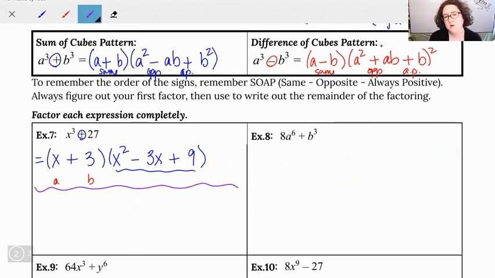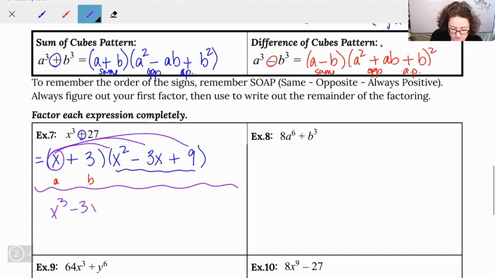So if I check this out, I'm going to want to take each term from my first set of parentheses and distribute it over everything else. So I'm going to take my x and distribute it over all 3 terms. So that would give me an x cubed minus 3x squared plus 9x.